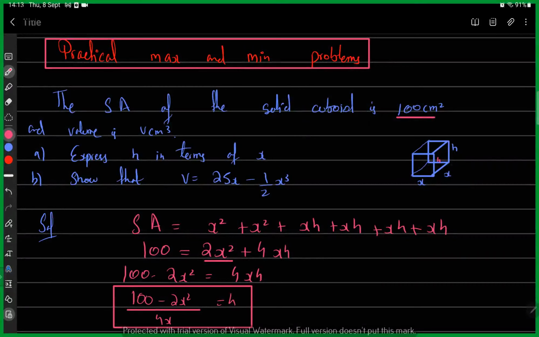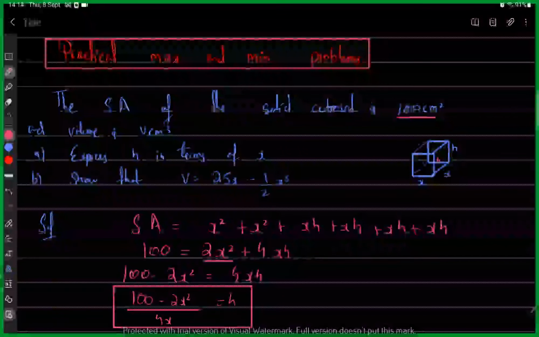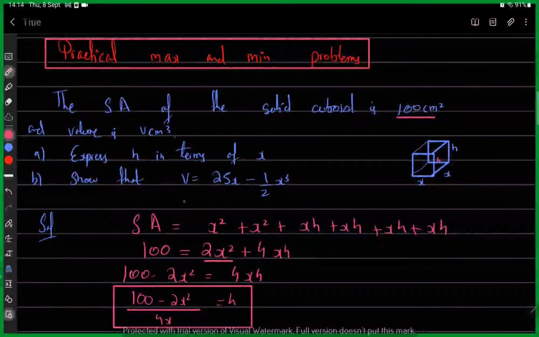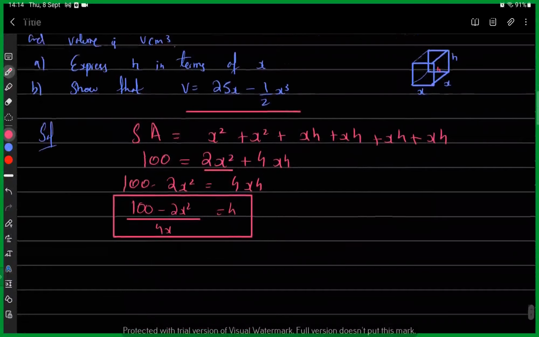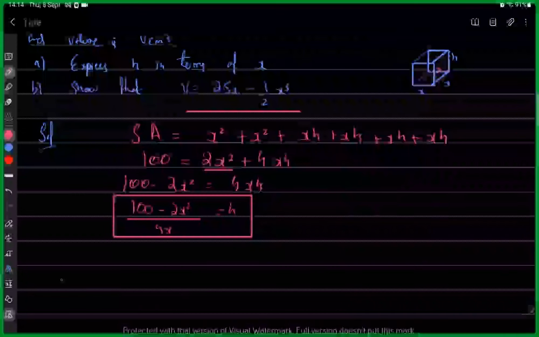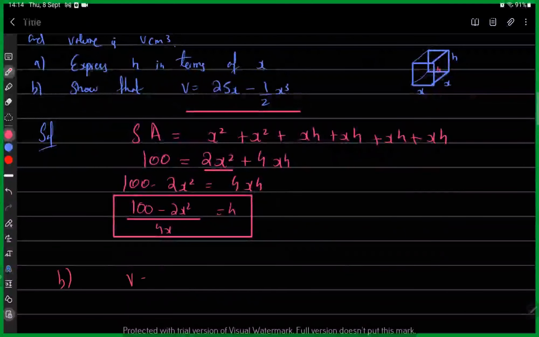question. Okay. The next part says, show that the volume is basically equal to 25x minus 1 by 2x cubed. Again, this is easy. Why is it easy? It's easy because if I talk about the volume, it is going to be length multiplied by breadth multiplied by height, and that is x squared into h.